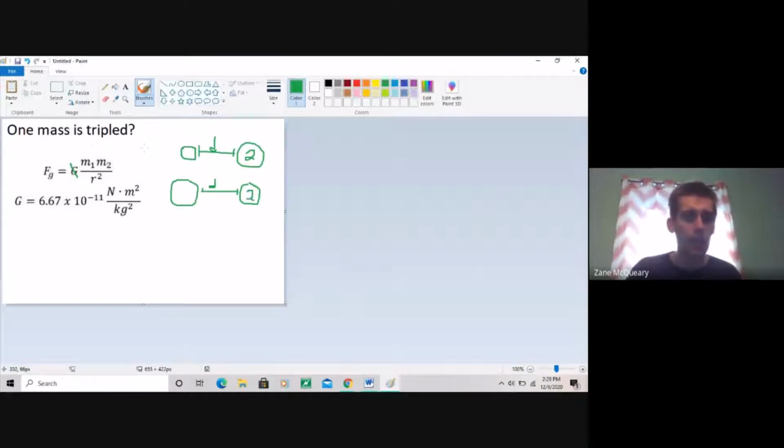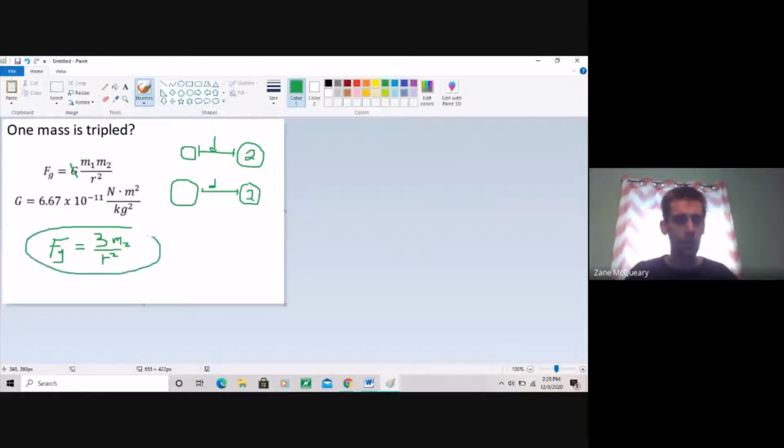So the only thing that's changed here is M1. Everything else will stay the same. Fg. Okay, we're not going to worry about G here. R has stayed the same. M2 has stayed the same. M1, though, has tripled, so we're going to replace that with a 3. So overall, the force of gravity between those objects has tripled as well. So that's where that 3 comes in.